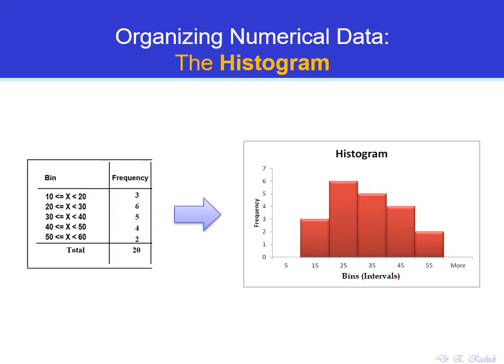See that we don't have any number between 0 and 10, so that's why there is no bar here. Also, we don't have any numbers more than 60, so that's why we don't have any bar here. And that is a histogram.